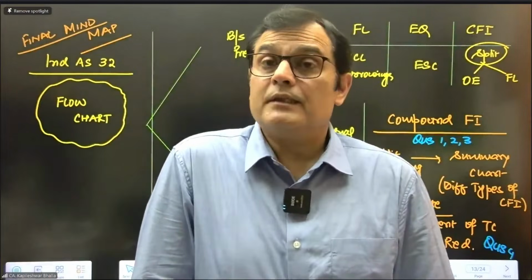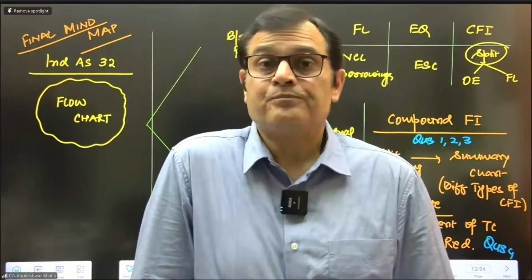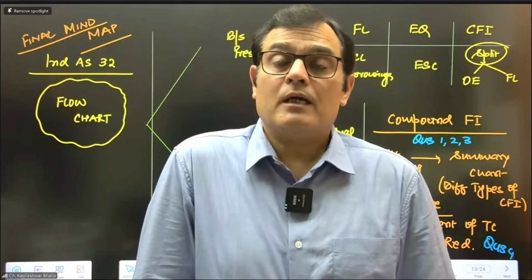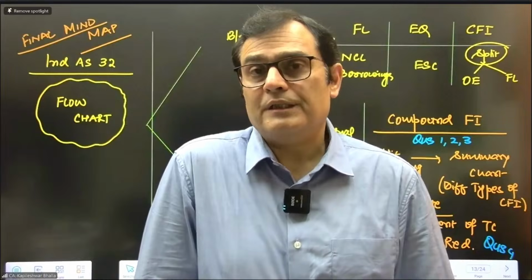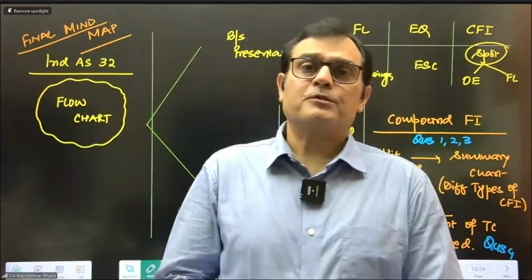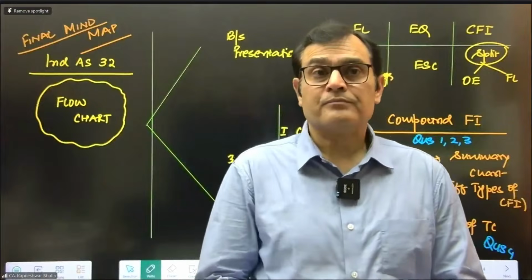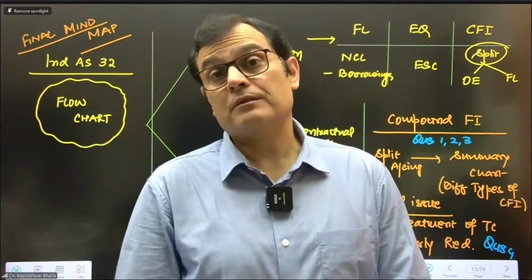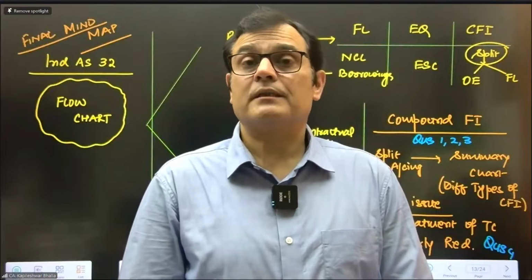Now, when it comes to Ind AS 109, the focus shifts to the holder, where you learn accounting for financial assets and financial liabilities. Apart from that, the concepts of derecognition of financial assets and liabilities, and special issues in impairments, embedded derivatives, as well as hedging.